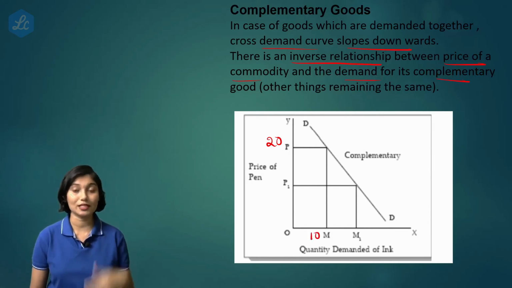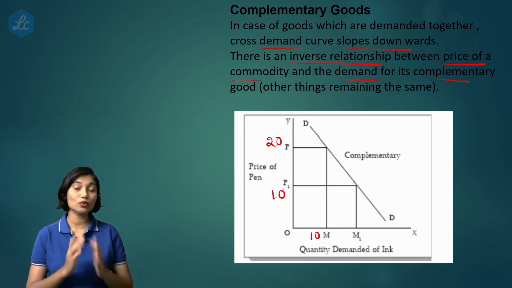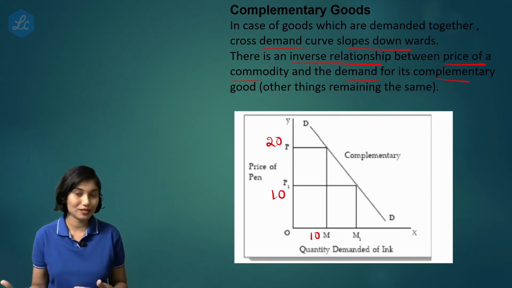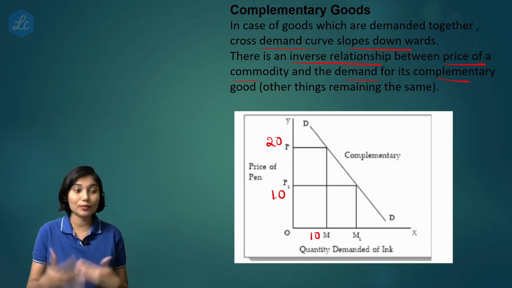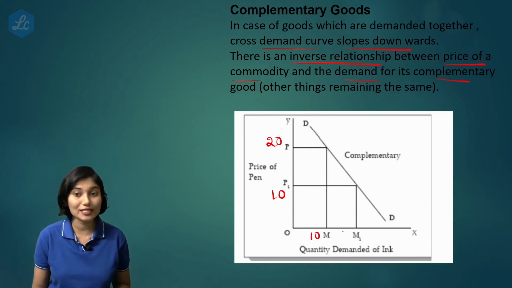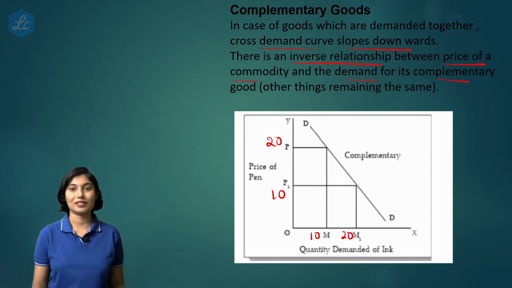Now let us say the price of pen fell. Price of pen fell to 10 rupees. Now pen has become cheap, so more pens will be bought. Naturally, will more ink also be bought? Yes. So the demand for ink also increases? Yes. So the demand for ink has increased from 10 to 20.